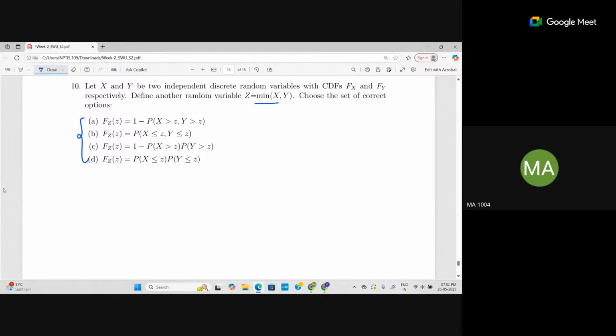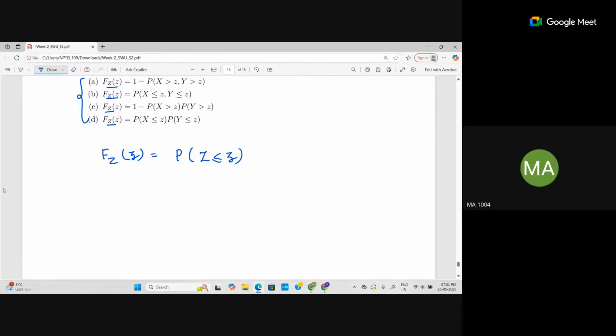So we have to find the CDF of Z, right? So Fz at small z, which means the probability that capital Z is less than or equal to small z. This is something we have to find. Okay, this is the CDF, not the PMF.